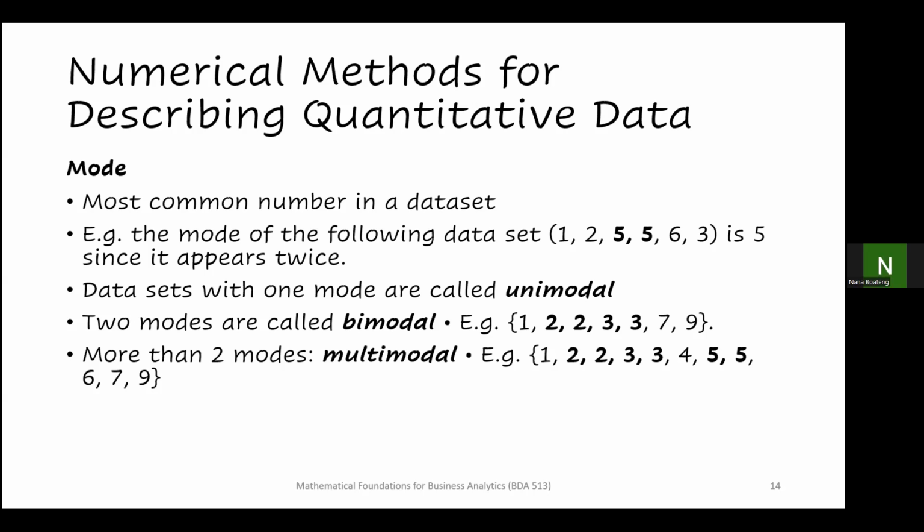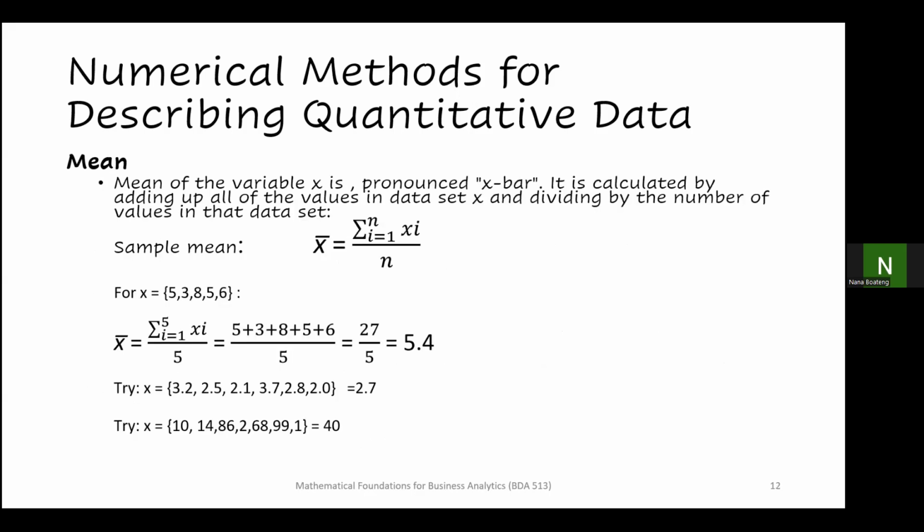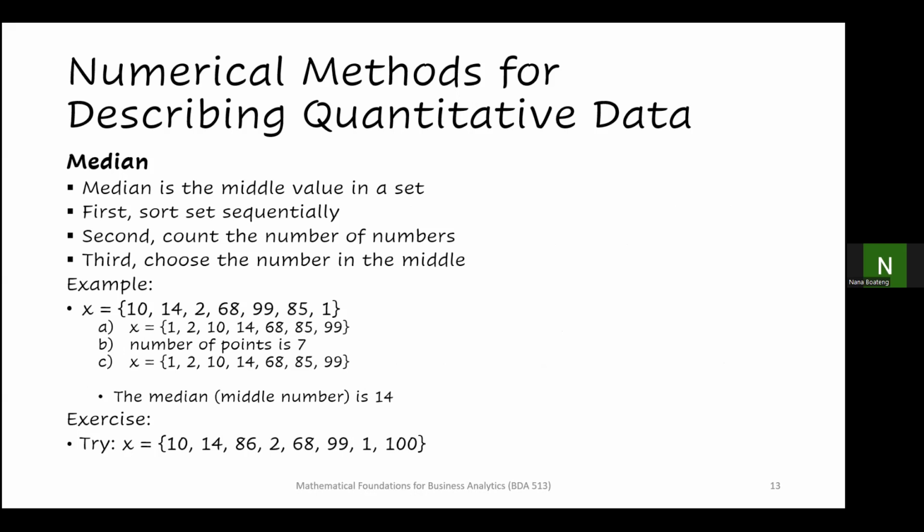Now, when you have data and you have outliers, you have to decide, for instance, if there are missing values, whether you remove them, or replace them with the mean, or replace them with the median, and so forth.